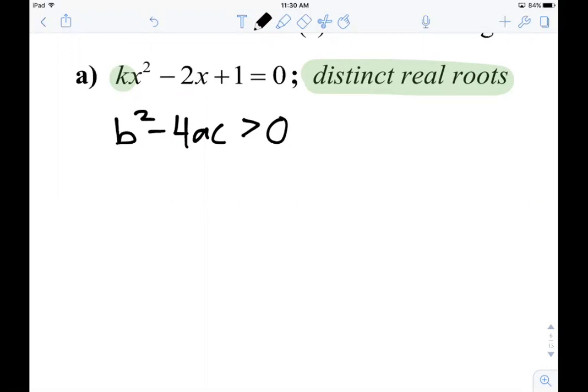Well, in order to do that, let's step back for a second and think about what a, b, and c actually are for this situation. So the a value is the thing we don't know. The a value is just the k thing that we're looking for. So the a value is just going to be a k for now. We're going to use a separate variable just to hold its place. The b value is -2, and the c value is +1.